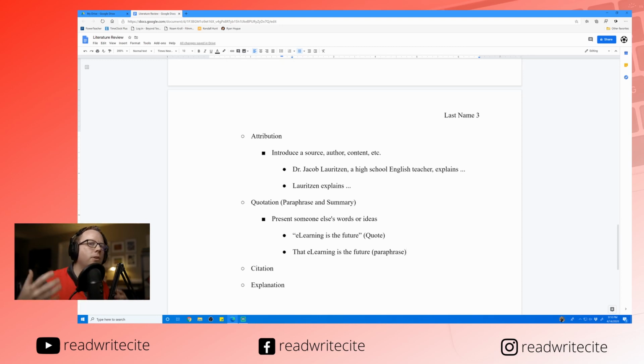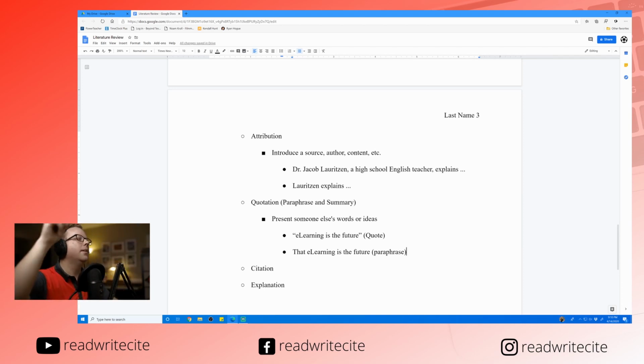You've introduced a source and some information, then you give the information that comes from the source. It's their words, it's their ideas. Now, for clarity, when you use someone else's words, that's a quote. That has to be in quotation marks, beginning and end, got to do it. If you're using their ideas, but you're putting it into your words, it's a paraphrase. If you've taken a bunch of ideas and made them shorter, then we call it a summary.